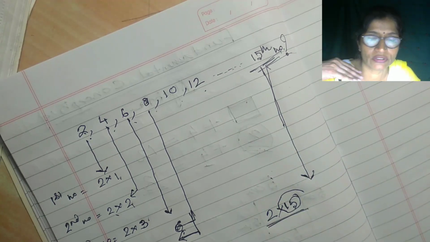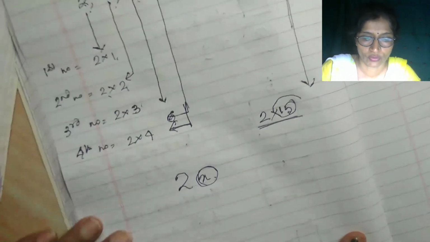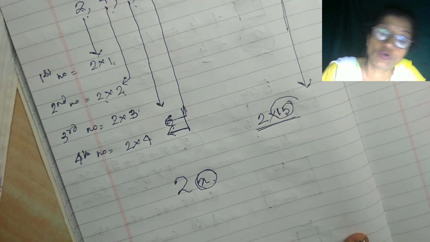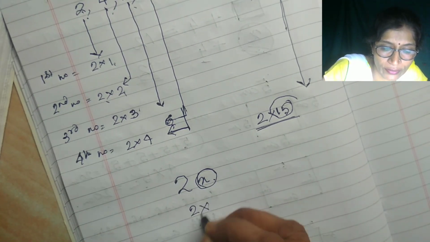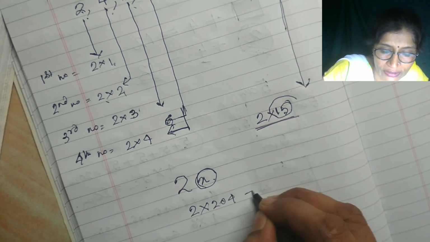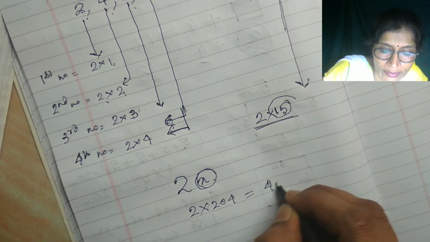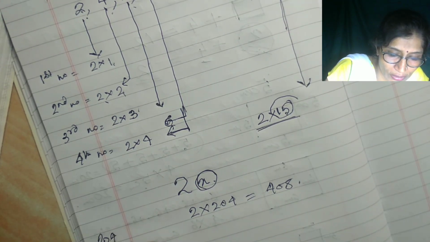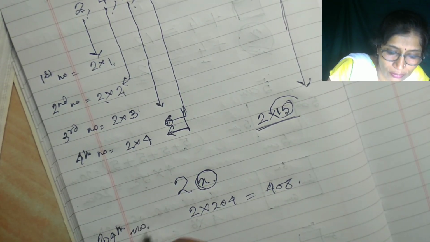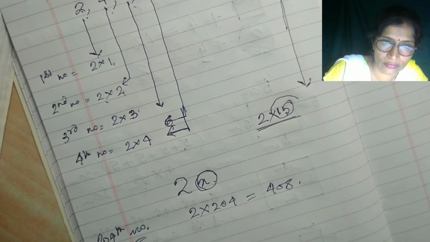I ask you what is the value of the 204th number. Then how will you get it? You write 2 into 204, that is equal to 408. The 204th number, you can get it? 408.